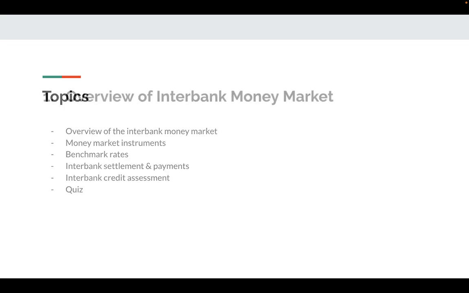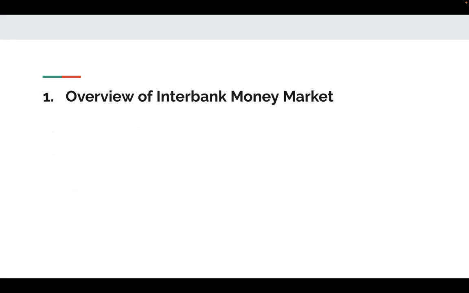So let's start with the overview of the interbank money market. What is the interbank money market? This is a global market. It's truly global in the sense that it is connecting the entire financial world, one bank to another bank.